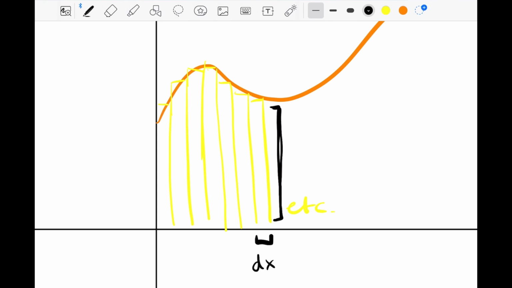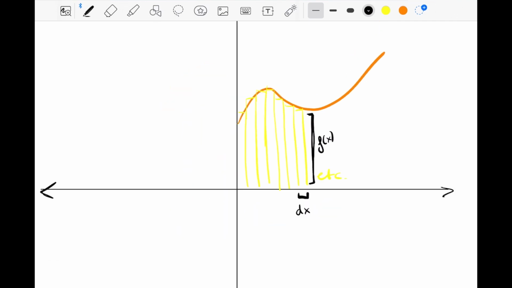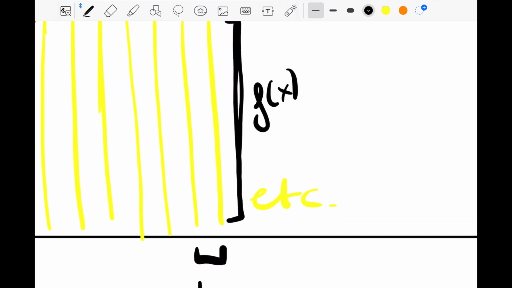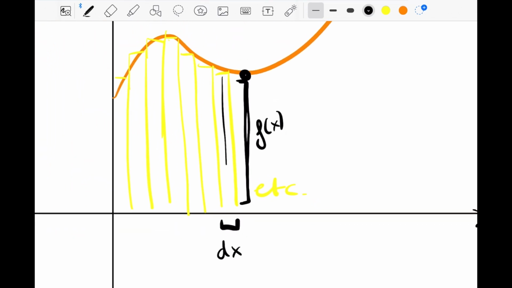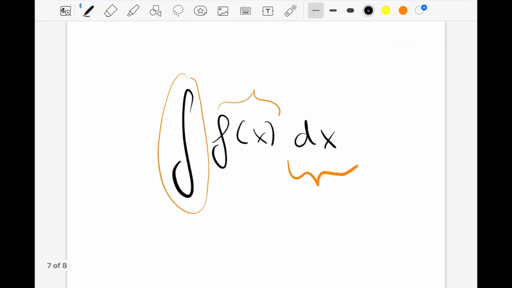And our height is f of x, if this function is f of x. Right? Because this is the value of the function, that's the height. And the width is going to be this instantaneous small change in x, because remember, we want to have smaller and smaller rectangles so that we're getting a better approximation, to a point where it's exactly the area. So basically, this part right here is giving us the area of a single rectangle.